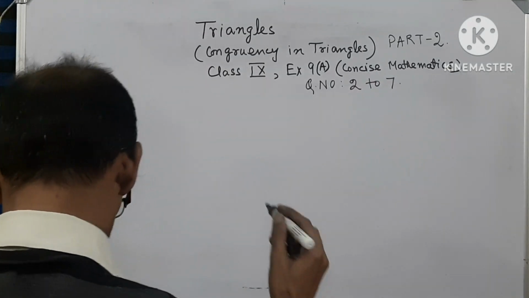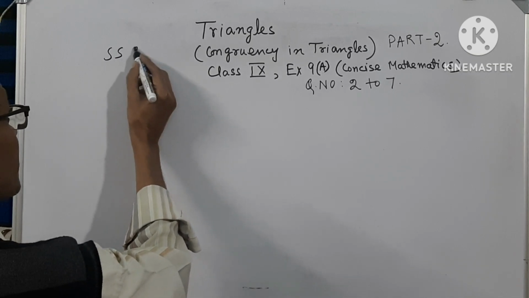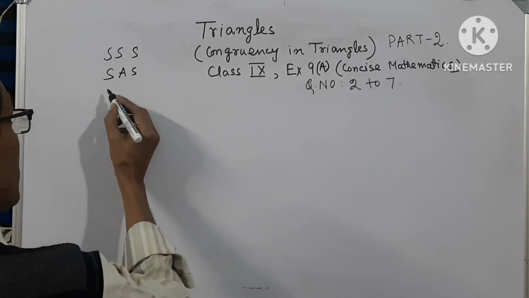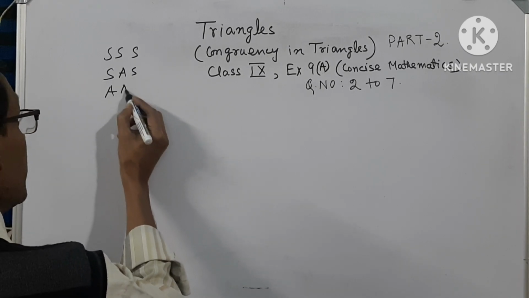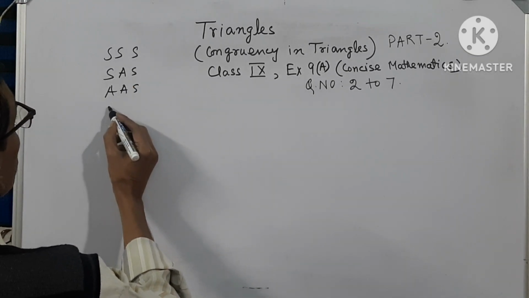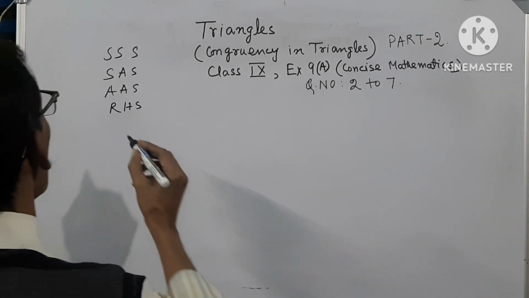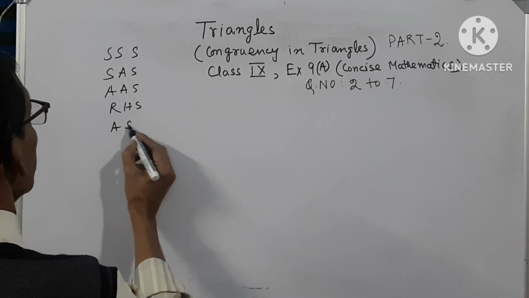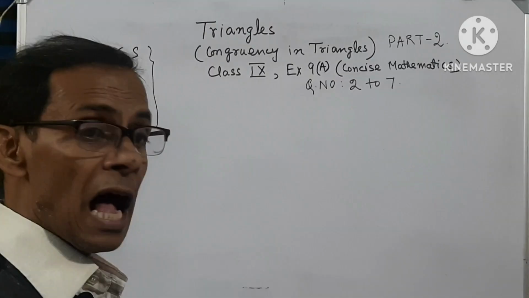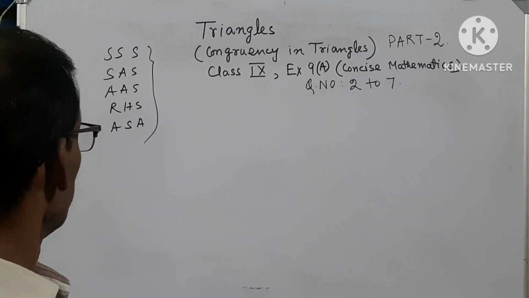Just to brush up again, we have done SSS criteria, SAS criteria, AAS criteria, RHS criteria, and ASA criteria. These 5 criteria are there. Apart from these, you can say it is not a valid criteria.